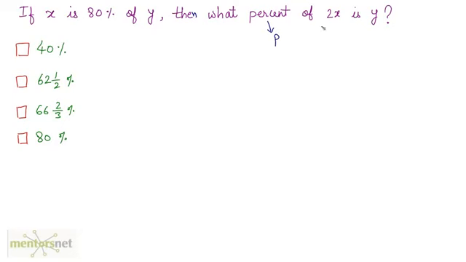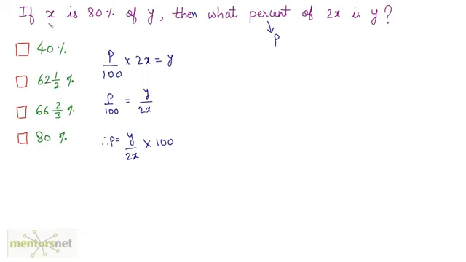So P percent of 2X is Y. So we have P upon 100 times 2X is equal to Y. So P upon 100 is equals to Y upon 2X, and therefore P is equals to Y upon 2X times 100. Let's keep it as it is. We will find out Y upon 2X from what is given to us.